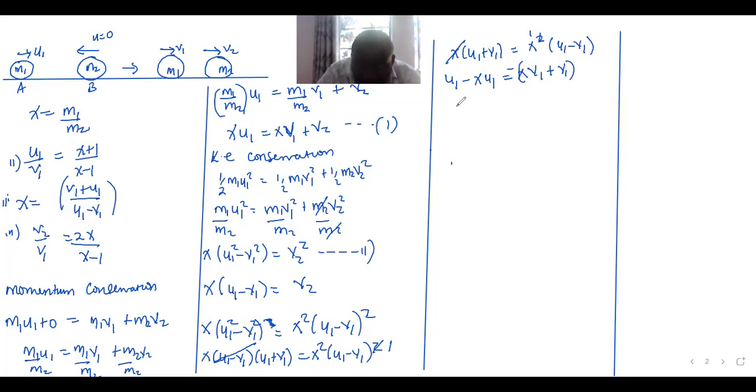So finally, U1 into X minus 1 is going to be equal to V1 into X plus 1. The ratio is to find U1 over V1. So U1 divided by V1 will confirm X plus 1 divided by X minus 1 in solution.